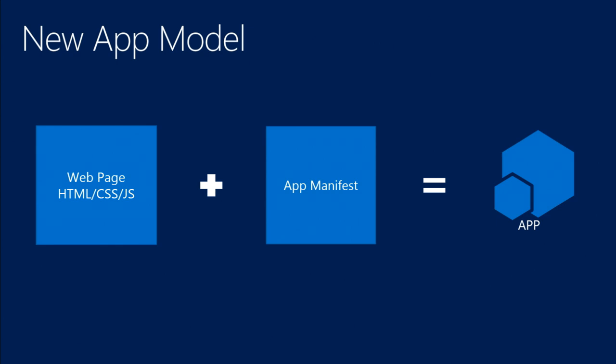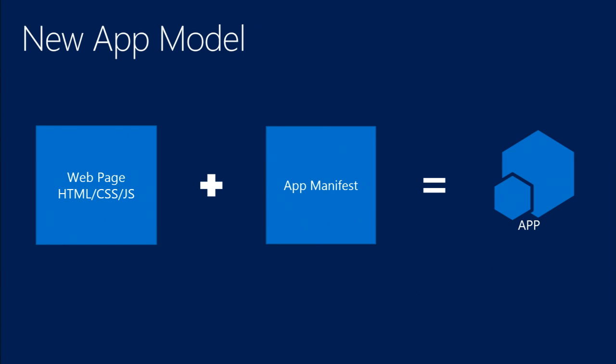A new app for SharePoint is essentially a web page that's built on HTML, CSS, JavaScript. It could be an ASP.NET website. We don't necessarily require that. It could be PHP. It could be Python. It could be Ruby on Rails. It could be whatever you want. But in all essence, it really is a separate website. And then you tell SharePoint about that website by using an XML file we call the app manifest.